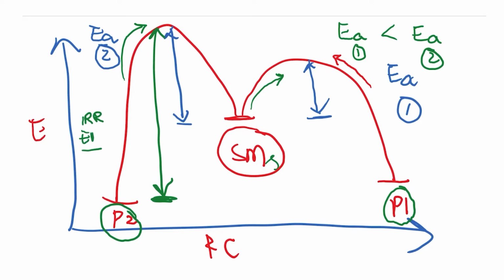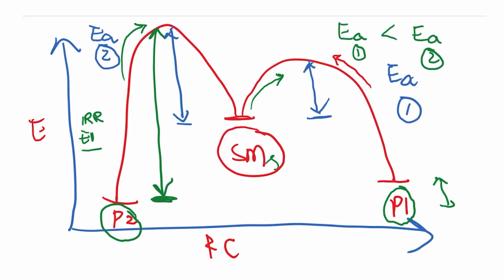So the 1,2 addition product is actually formed much faster when compared to the 1,4 addition product. But the 1,2 addition product is less stable. If you see, there's a difference in the energies of these two, and P2 is definitely more stable than P1. And since the 1,2 addition is a reversible reaction, this reverses and goes back to the starting materials.